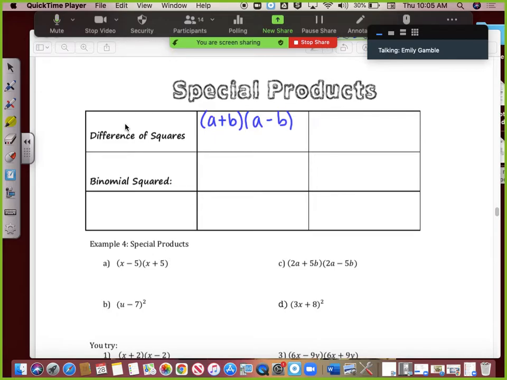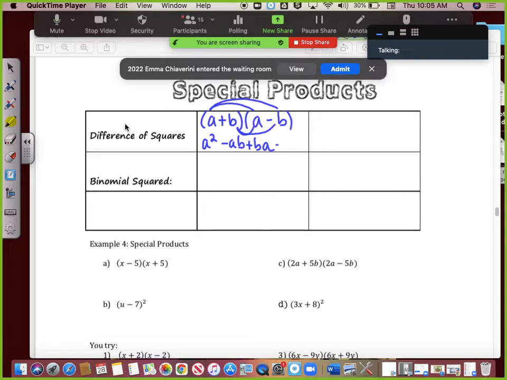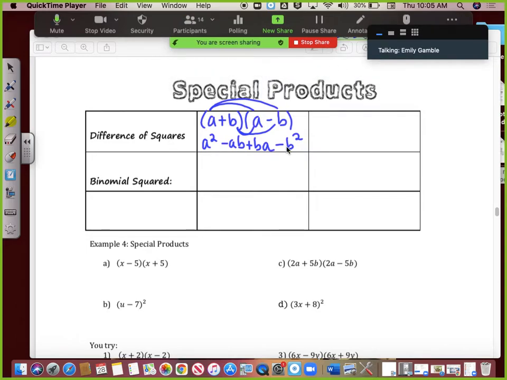If I was to FOIL this, I would multiply the first terms, so a times a would be a squared. The outer terms would be a times negative b, that's negative ab. Then the inner terms, b times a, is a positive ba. And then the last terms, positive b times negative b, would be negative b squared. When we multiply everything out through FOILing, usually the middle two terms can be simplified.